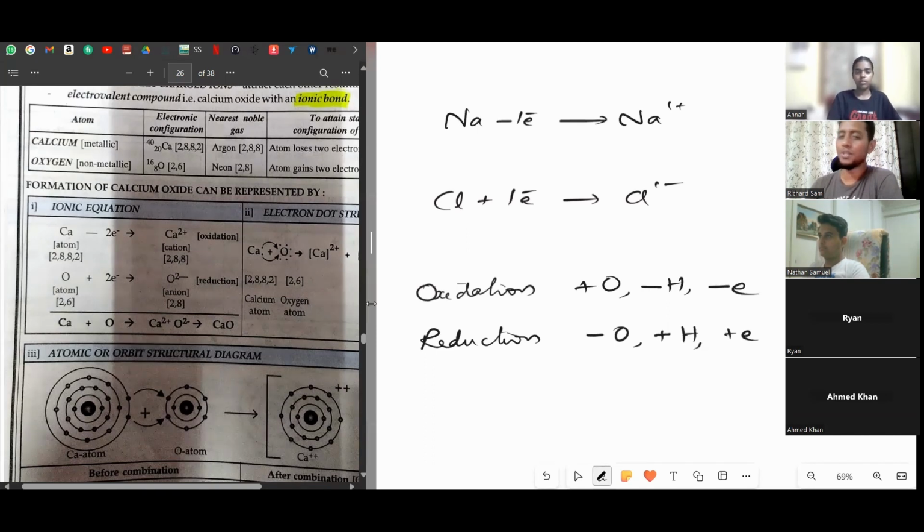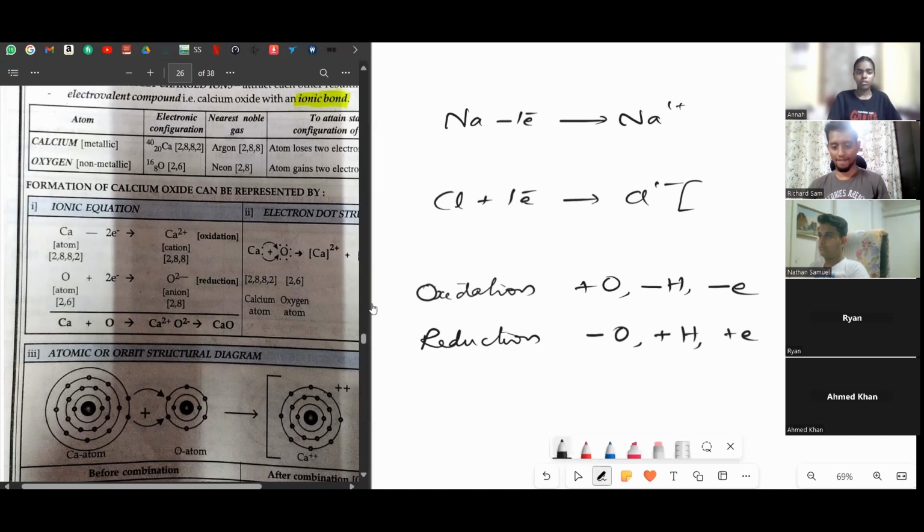So here, what's happening to chlorine? Is it oxidation or reduction? Reduction. In oxidation, it's removal of hydrogen, so don't use the word reduction there.